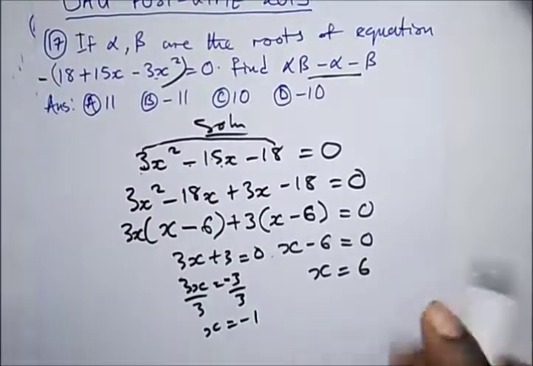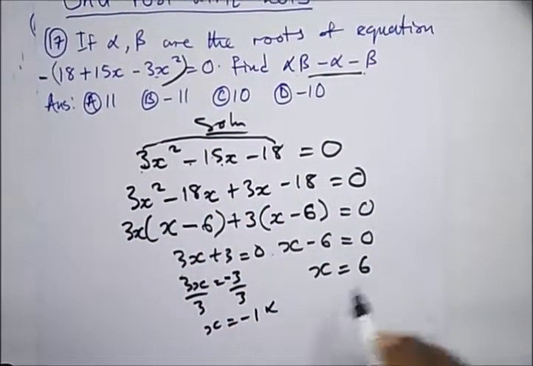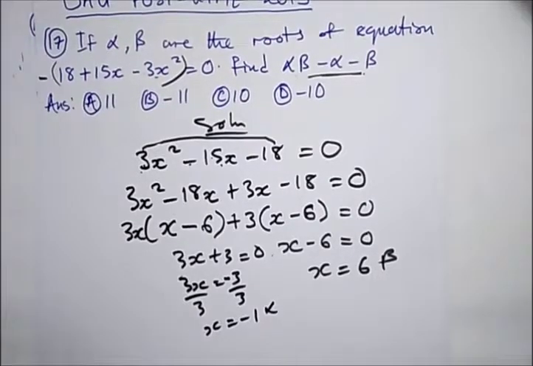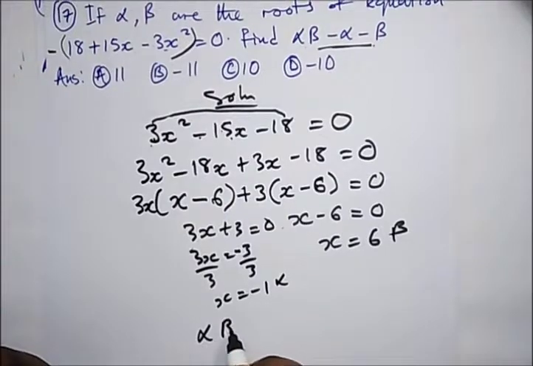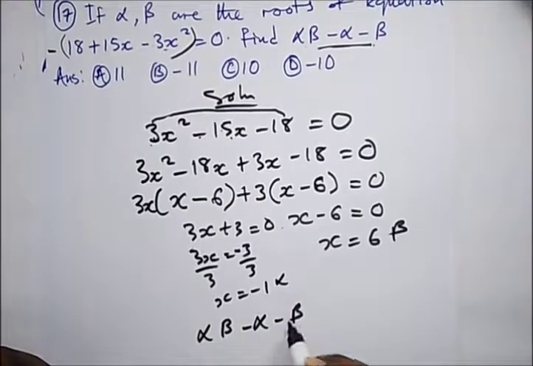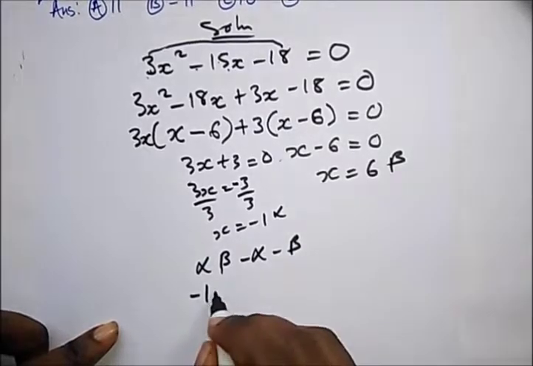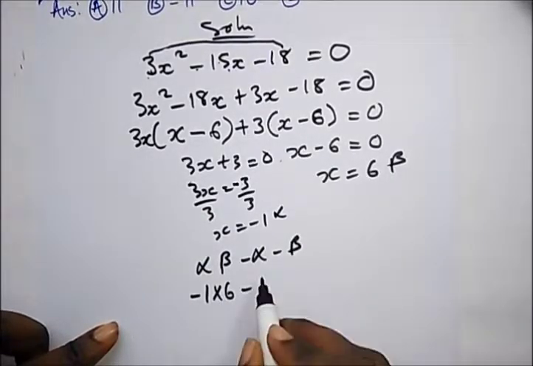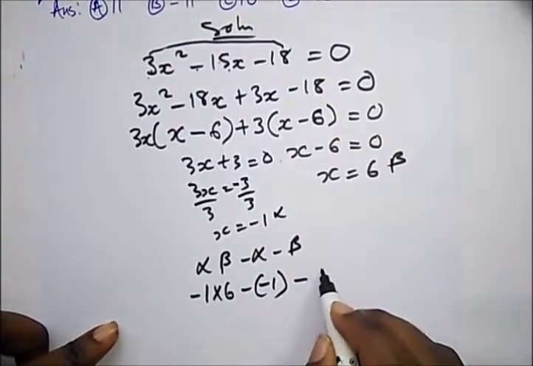The question says find the roots of the equation, and we should find this. So let's make this alpha and this beta. Here we have alpha beta minus alpha minus beta, where alpha is minus 1 and beta is 6.